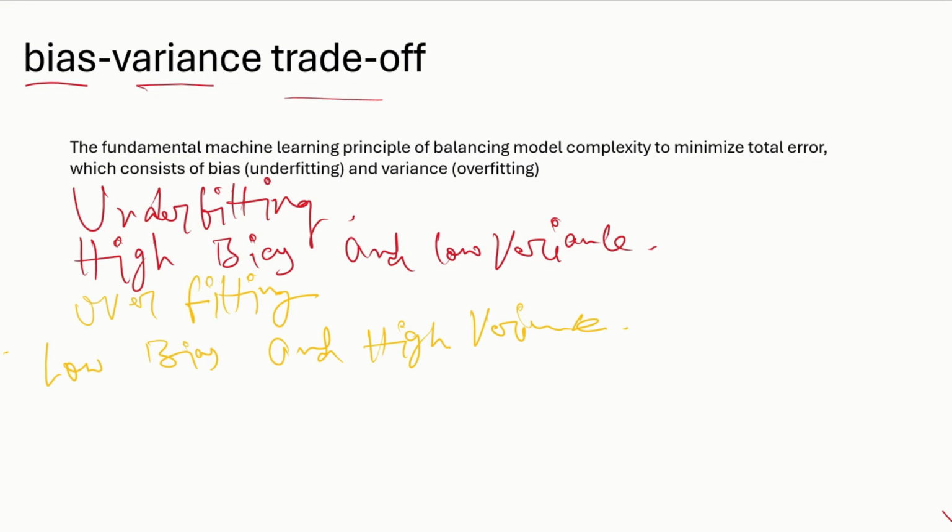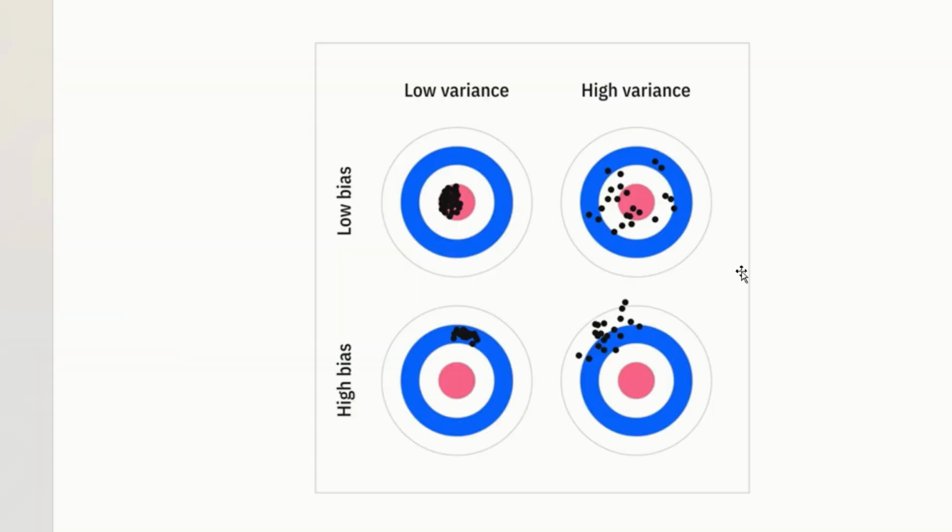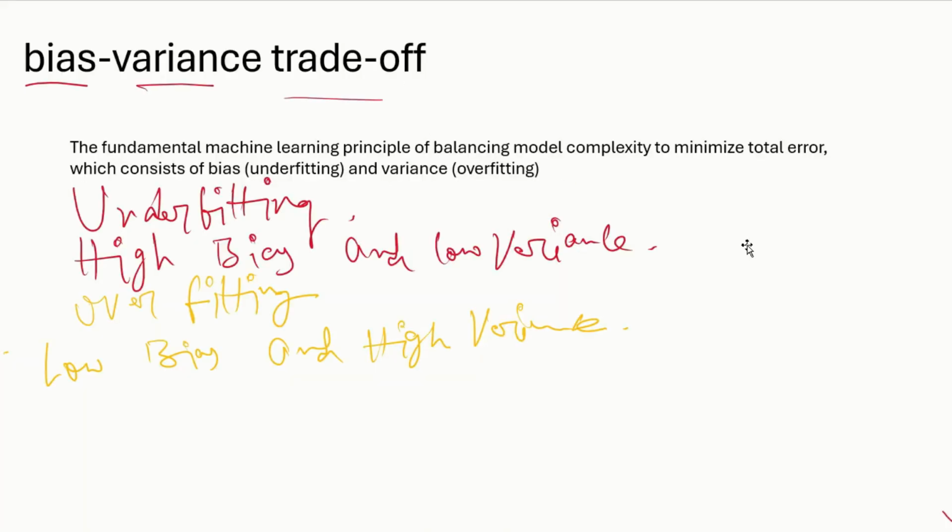I'm going to explain this clearly in the form of a diagram. I have downloaded this from the internet. So here we have a clear picture. One more thing I've missed: what is high variance and what is high bias?